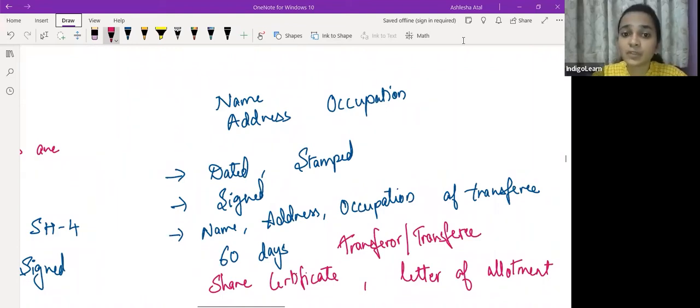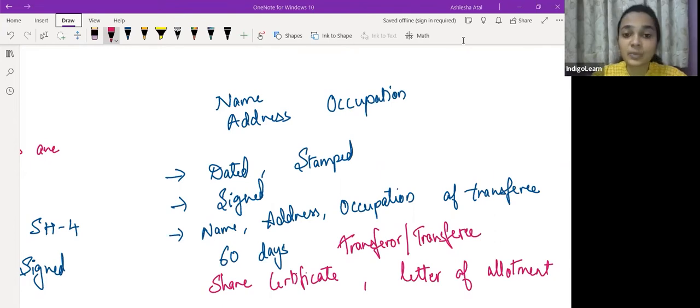So अभी तक what did we understand? We have understood that whenever transfer of shares is happening, in that situation, either the transferor or the transferee, they have to file this transfer deed in form SH-4 with the company.